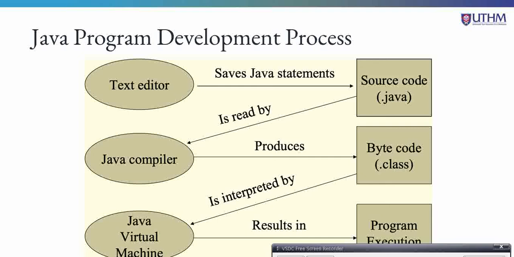So when you run a Java program in a command prompt, for compiling you need to use javac. Then you need to write the command java followed by the name of your file without the extension.